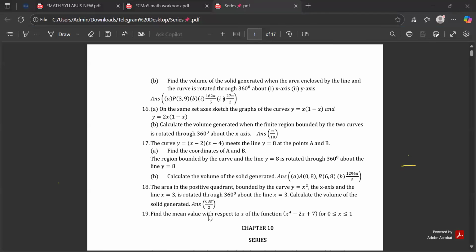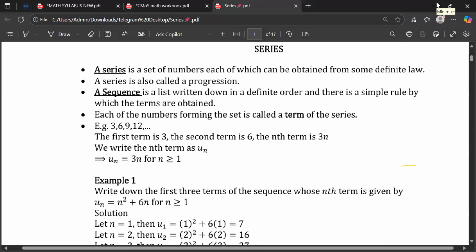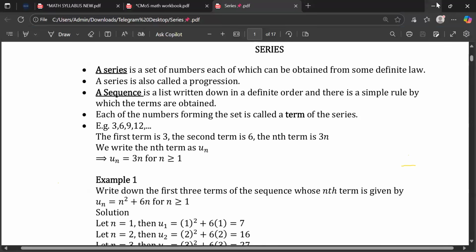So let's read the notes together to save time. These are our notes for series. When you get time to read through this, you'll understand.